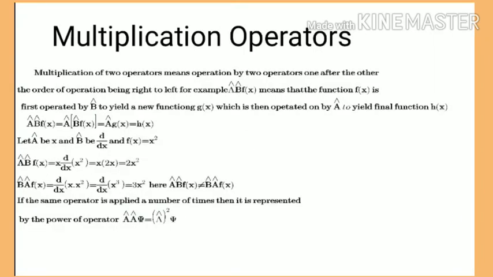Multiplication of operators. Multiplication of two operators means operation by two operators one after the other, the order of operation being right to left.